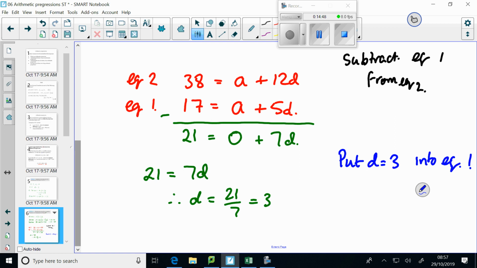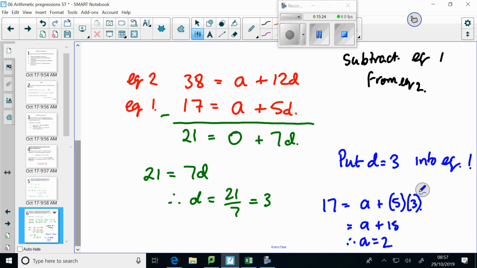So we've got 17 is equal to a plus 5 times 3, equals a plus 15. Therefore, a equals 2. So now we've extracted the values of a and d.